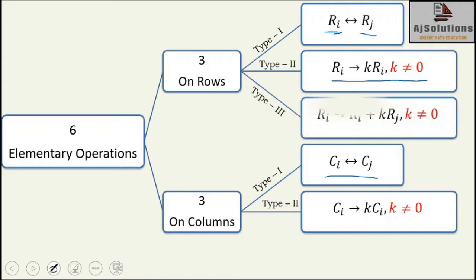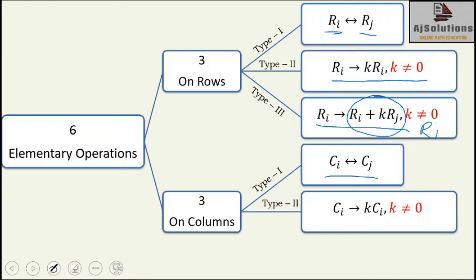The replacement of ith row by ith row plus k times of jth row is denoted by this, where k is some non-zero number, because if we take k equal to 0, this Ri plus kRj will become simply Ri, and that won't affect anything, so it will remain as it is. So we take k as non-zero so that there will be some effect on the matrix.